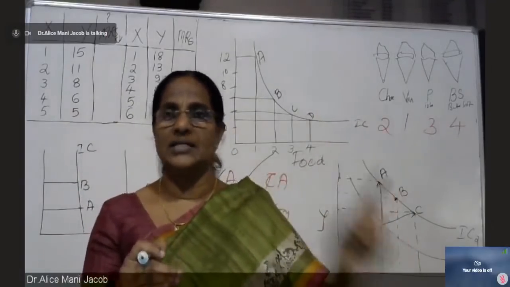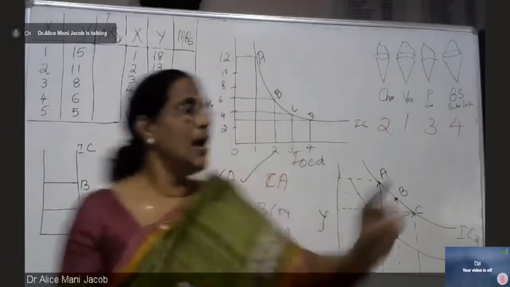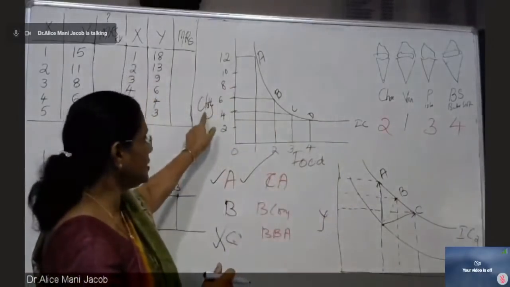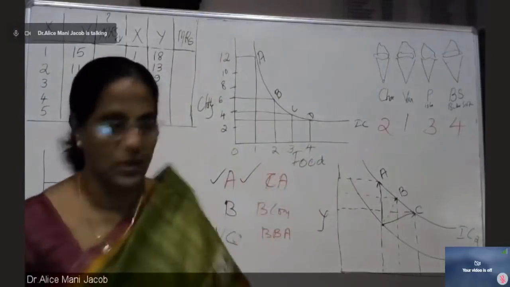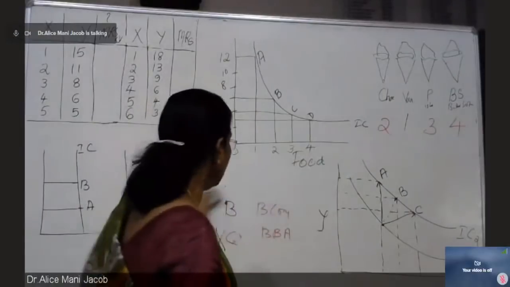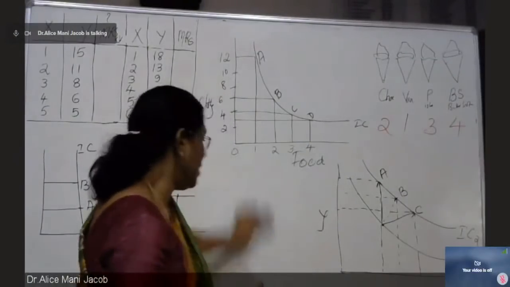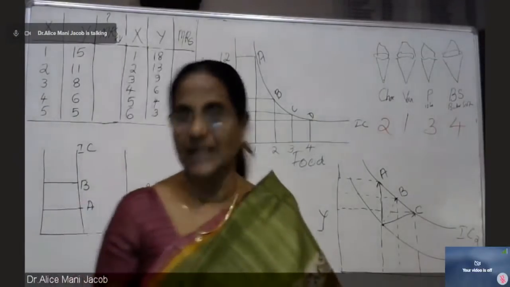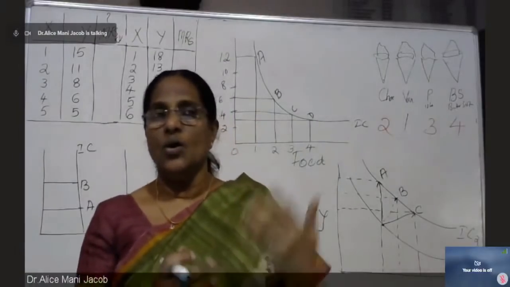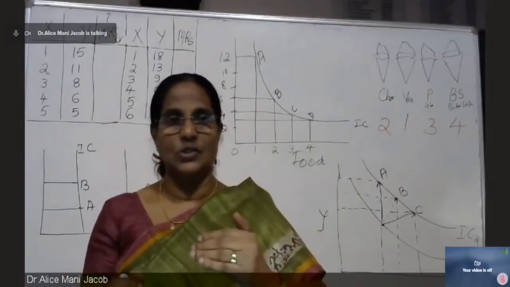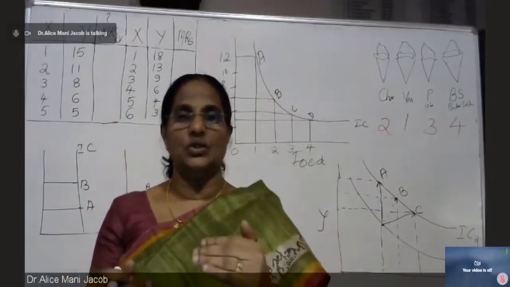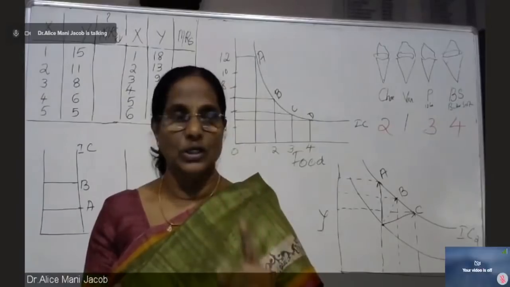Combinations of good X and good Y; in our example, combinations of clothing and food, which give the consumer the same level of satisfaction. Note that we are now moving away from Marshallian analysis, where the consumer continuously consumed one and only one good.